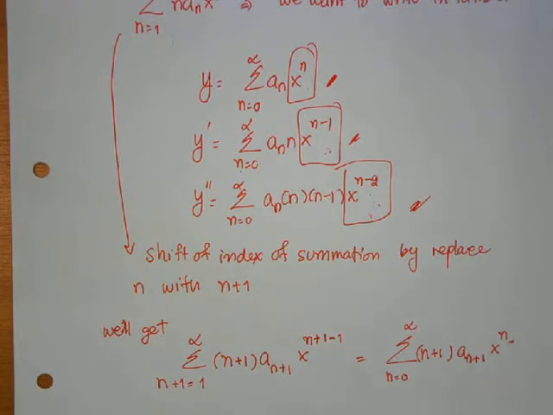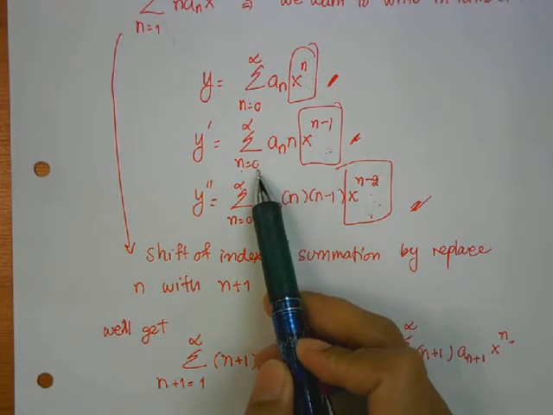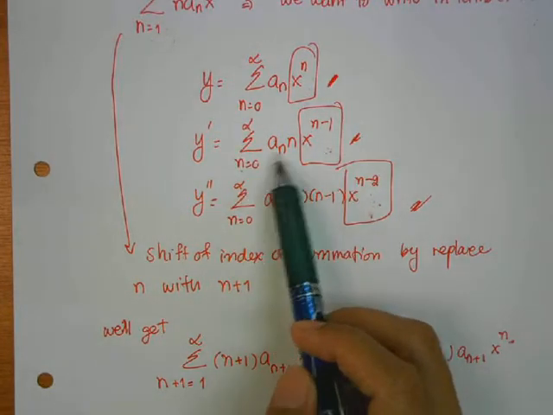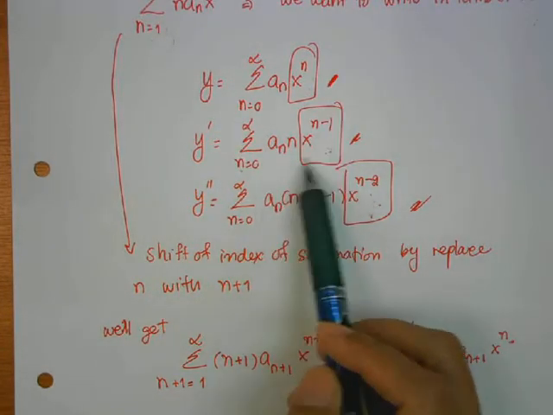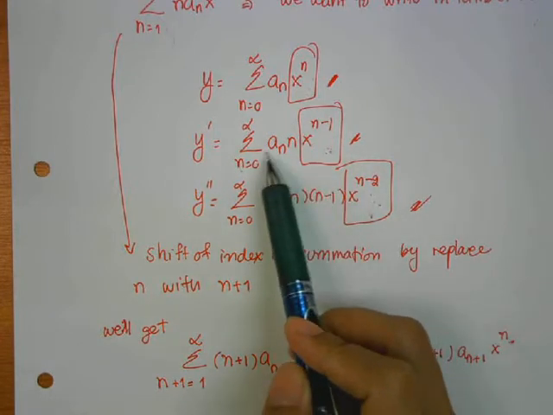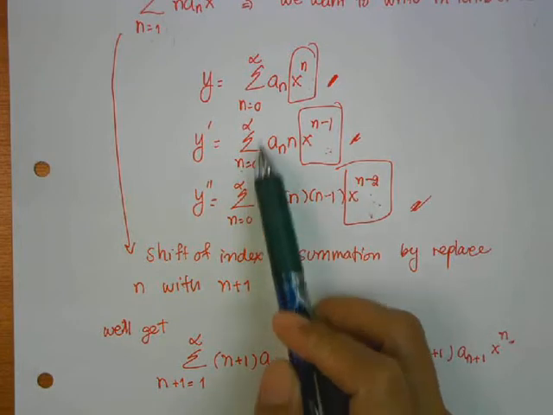So in order to avoid getting n equal to a negative number, what we should do is replace n equal to 0 in the term first, and then start n from 1 until infinity.